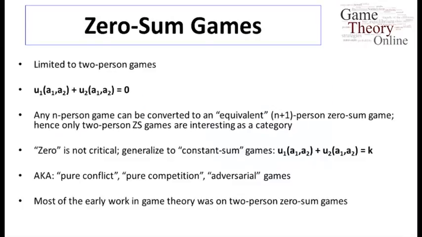From the formal point of view, the situation is also fairly straightforward. We limit the discussion to two-player games, and in a moment we'll say why. We require for each of the two players that the payoffs sum to zero. That is, the payoff of one is minus the payoff of the other. And now we can say why we restrict ourselves to two players, because when you think about it, any general sum game with no particular properties can be turned into a zero-sum game with one additional player.